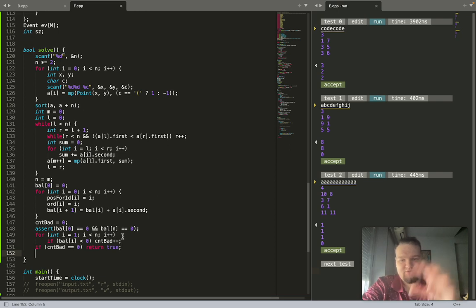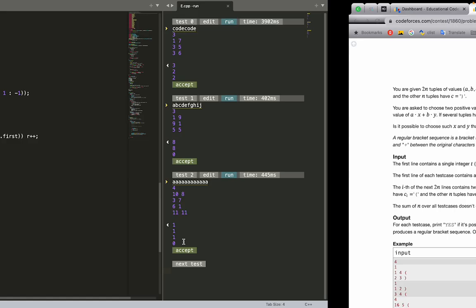Okay, so during the scan line, I will maintain the balances and maintain how many of them are negative. If at some point there are 0 negative, then I'm just doing return true and that's it. Otherwise, in the end, I will do return false.